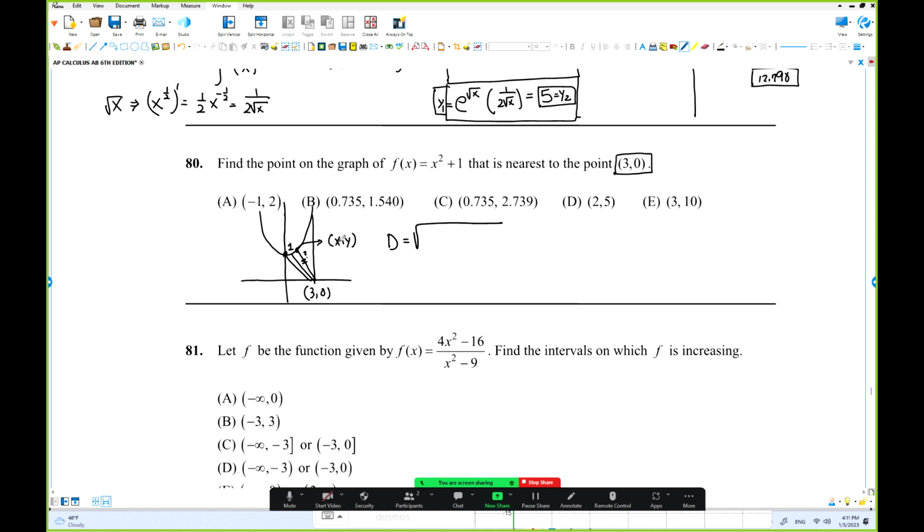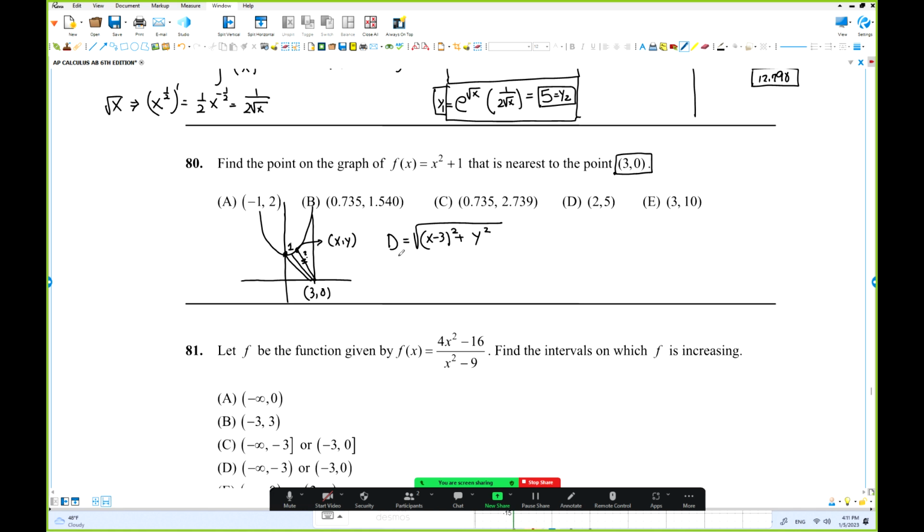Distance is what? x minus 3 squared plus y minus 0 squared, y squared. I'm going to optimize d, which is the minimum value. That is the nearest point, isn't it?